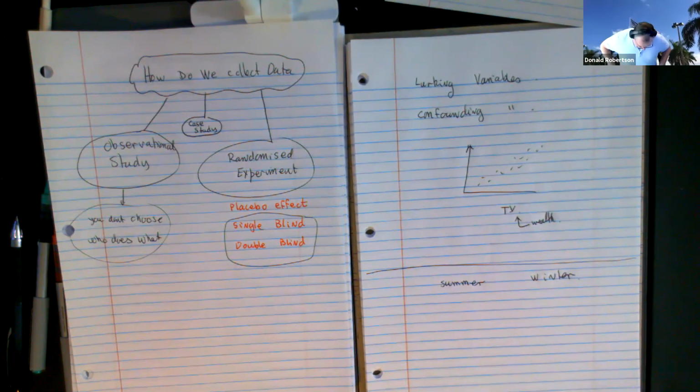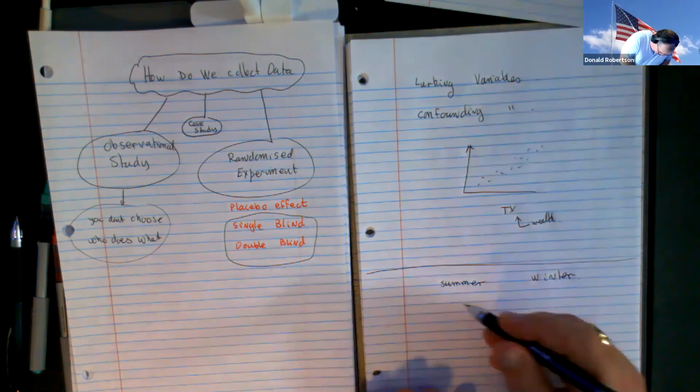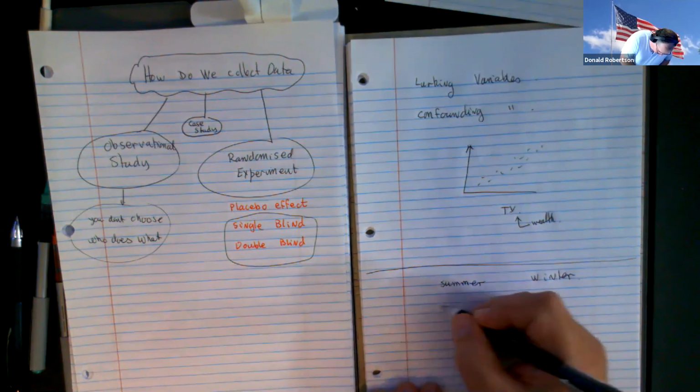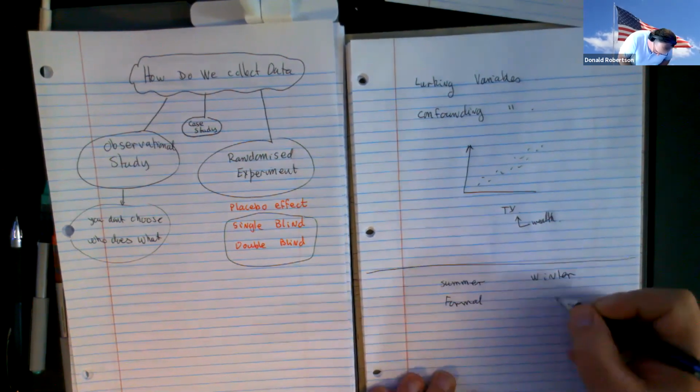And a professor decides he wants to try out two teaching styles to see whether or not these teaching styles are better. And so one teaching style is formal and the other is informal.